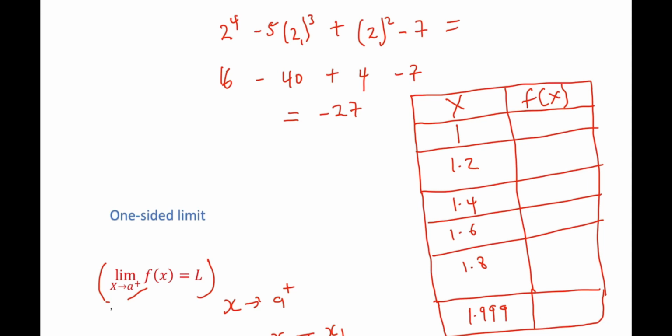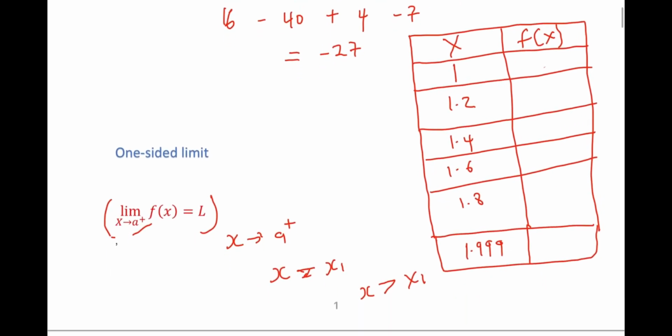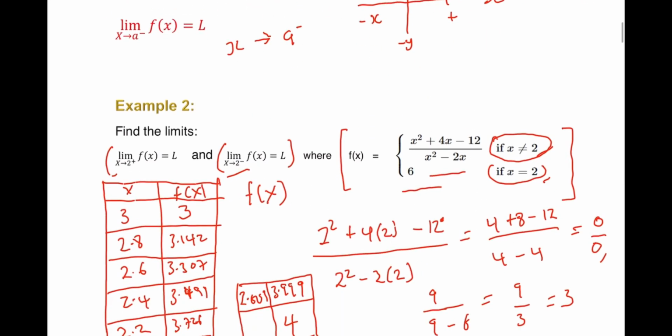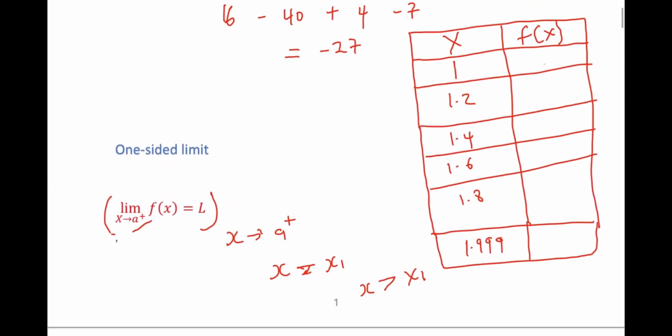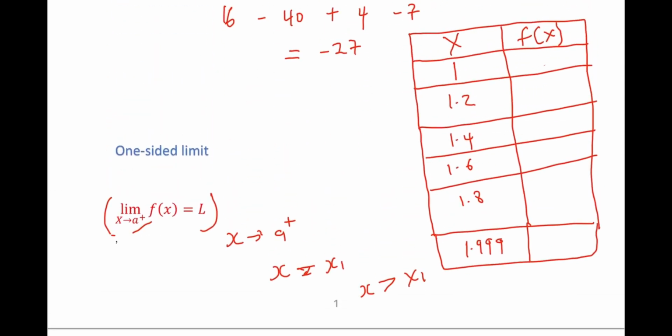So let's evaluate the function values at these points. At x equal to 1, the function value is 7. At x equal to 1.2, the function value becomes 6.